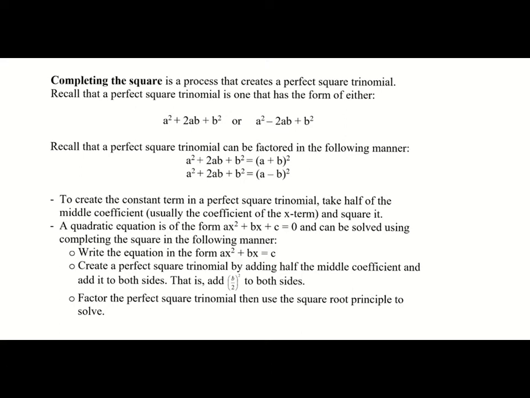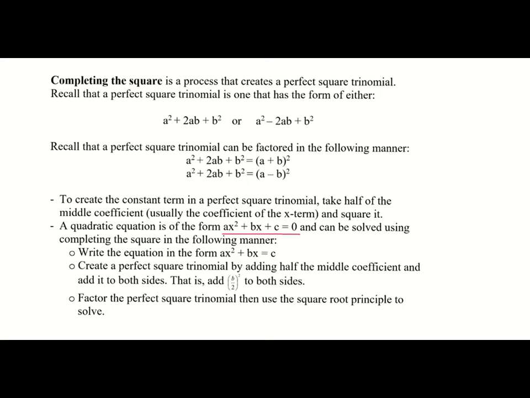What we need to do to complete the square is, first, you want your quadratic equation in standard form, so ax squared plus bx plus c equals 0. Then we're going to move the constant, the c term, to the other side, to the side where the 0 was.